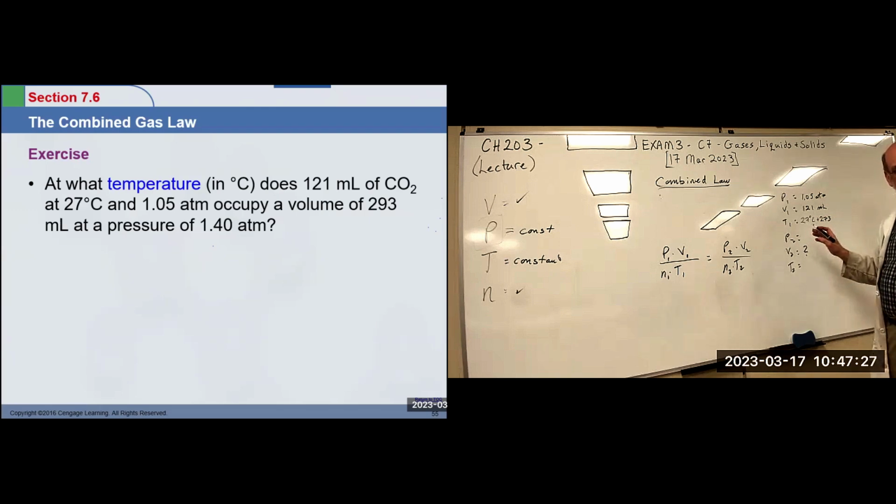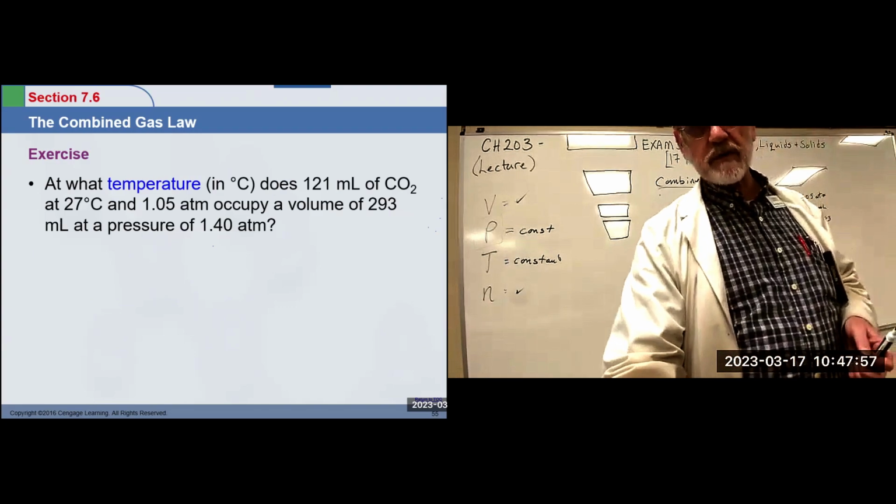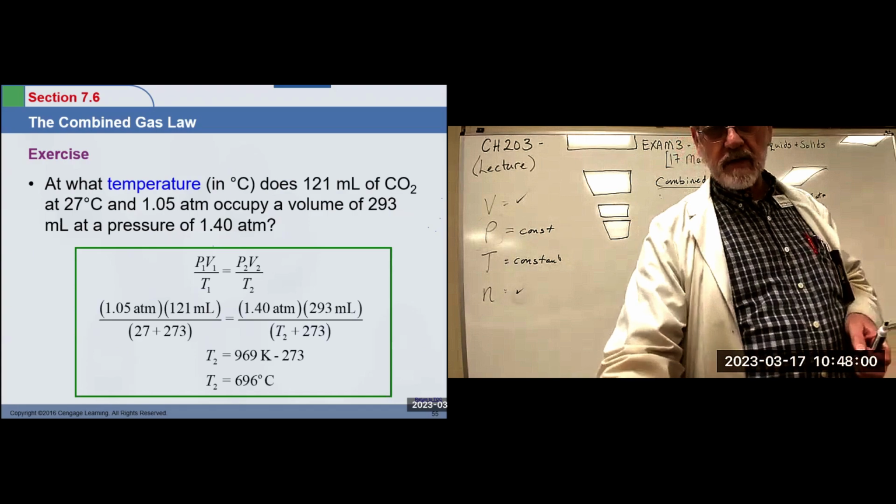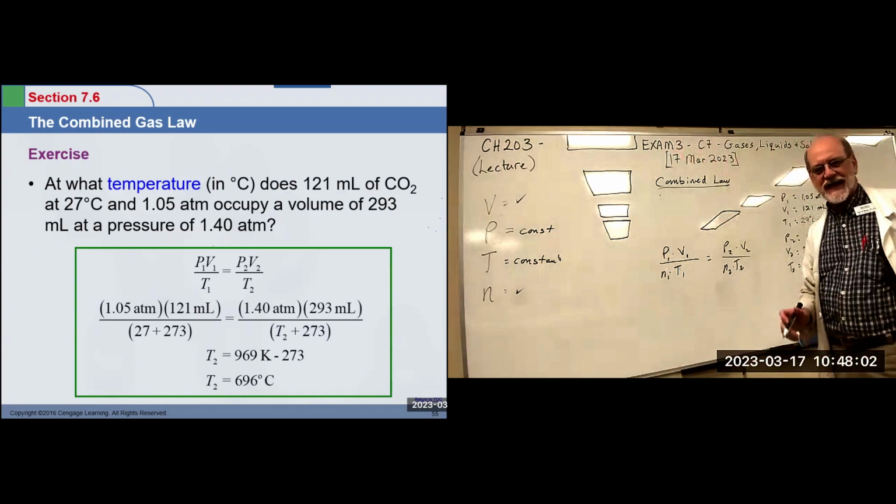The final pressure, final volume is 293. No, wait a minute. I marked the wrong one here. This one is unknown. The final volume is 293 milliliters. And the final pressure is 1.4 atmospheres. Okay. So if we plug that into our formula and solve for the unknown temperature, we should get it here, it is 969 K.